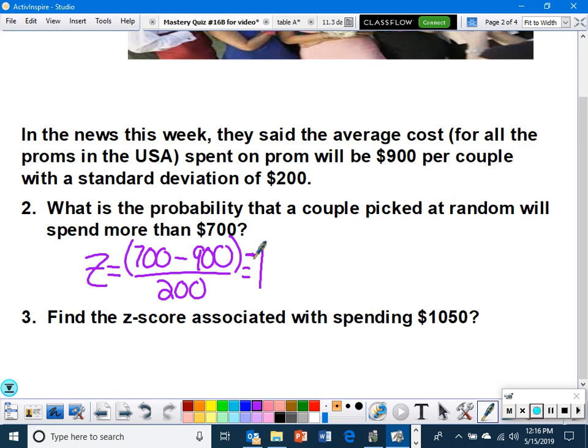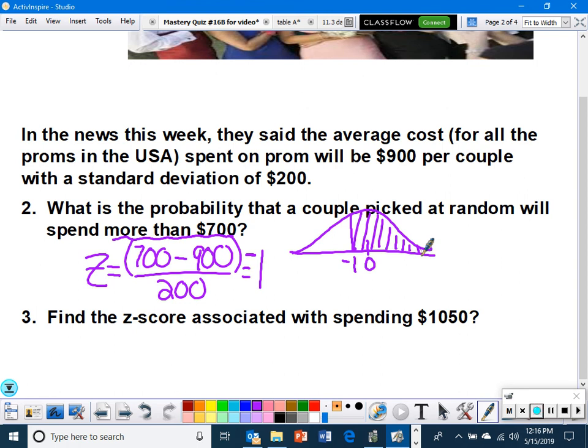All right, now I'm going to draw my curve. Negative 1, I'm going to mark it. And it says more than 700, so I'm going to go ahead and shade to the right. Now, the easiest way to do this one, ladies and gentlemen, would be to use that curve that we have.